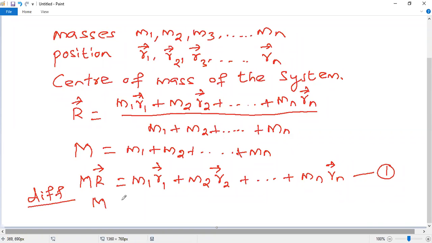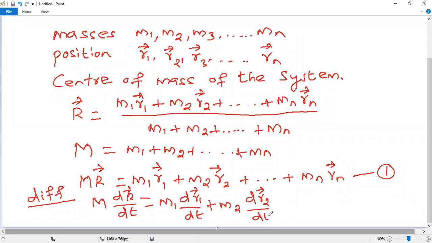So M dR vector by dt equals m1 dr1 vector by dt plus m2 dr2 vector by dt up to mn drn vector by dt, where the masses are constants.